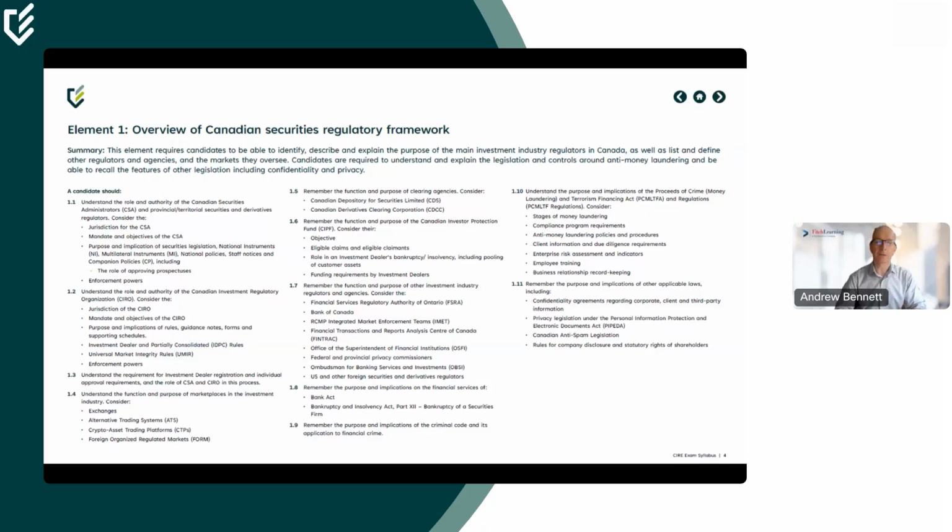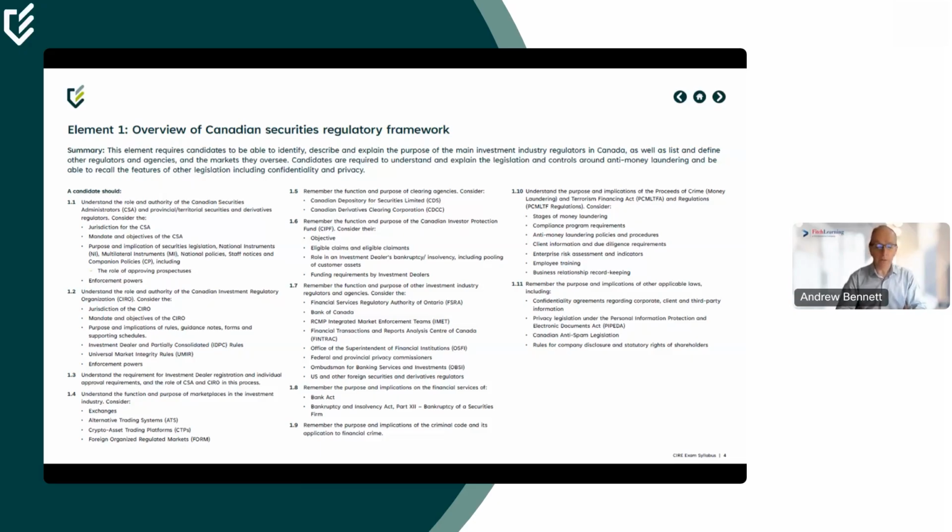Preceding some lists, you see the word including. And they do mean different things as far as an exam question writer goes, and therefore should mean different things from your point of view as well. So where it says consider, we are looking at a definitive list. So the question writer will only look at that list when they are writing the questions. So when thinking about the role and authority of the CSA, consider these bullet points.